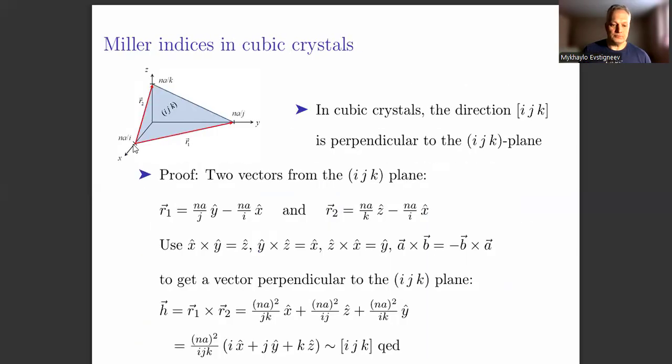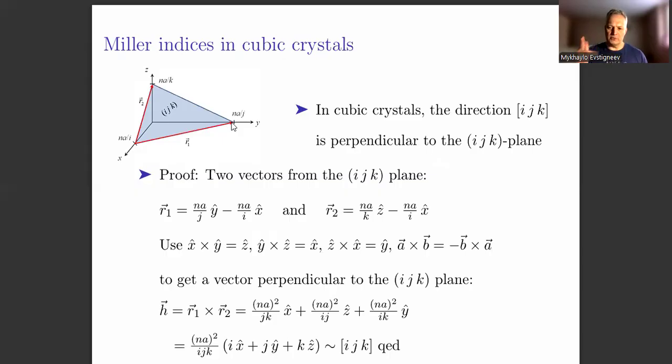All right. Now, I ask myself a question. What is a vector perpendicular to this plane? How to construct a vector perpendicular to this plane? And the answer is this. I need to take two vectors that belong to this plane and are not parallel to each other, and form a vector product of these two vectors.